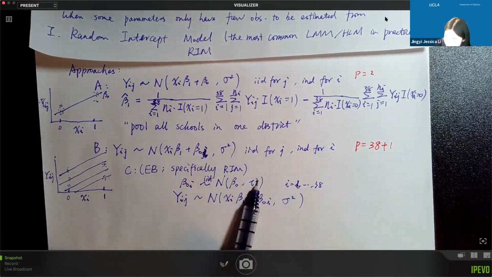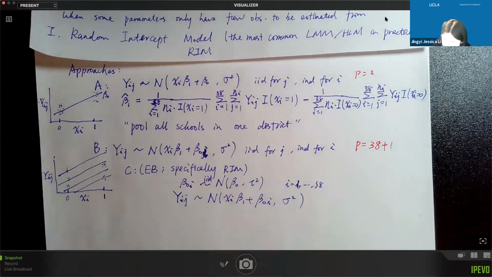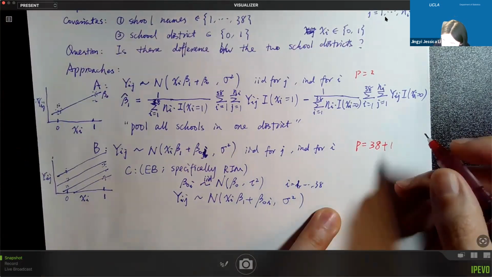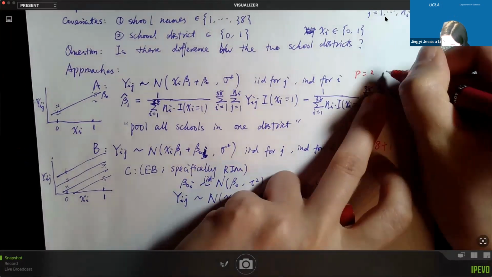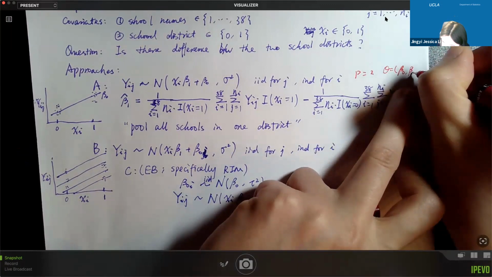Okay, so to make it more exact, that's not a good way to write it, but let me just say theta is beta 0, beta 1, sigma square.